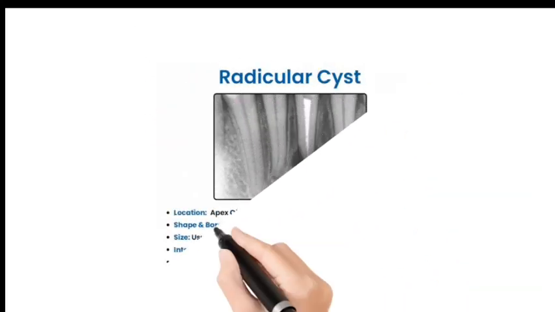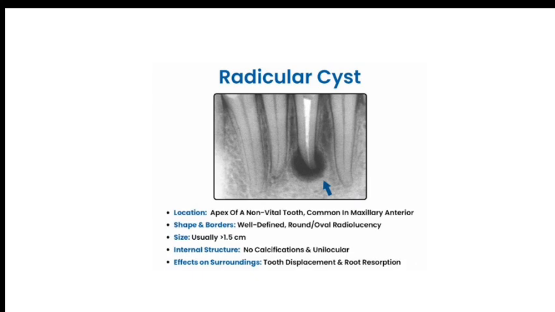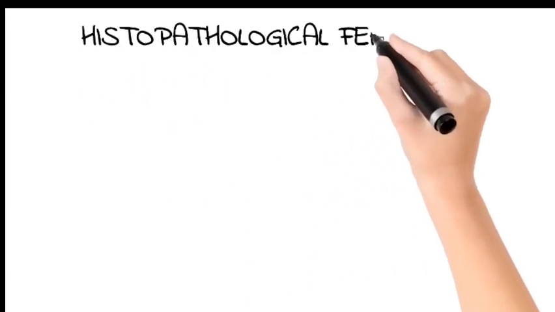That is why loss of lamina dura is seen in a radicular cyst. Now it is a radiograph of the radicular cyst. The location is the apex of a non-vital tooth, commonly in the maxillary anteriors, and the size is usually less than 1.5 centimeters. Now the internal structure: there will be no calcification and it is unilocular. If it is multilocular, it will show a honeycomb appearance.